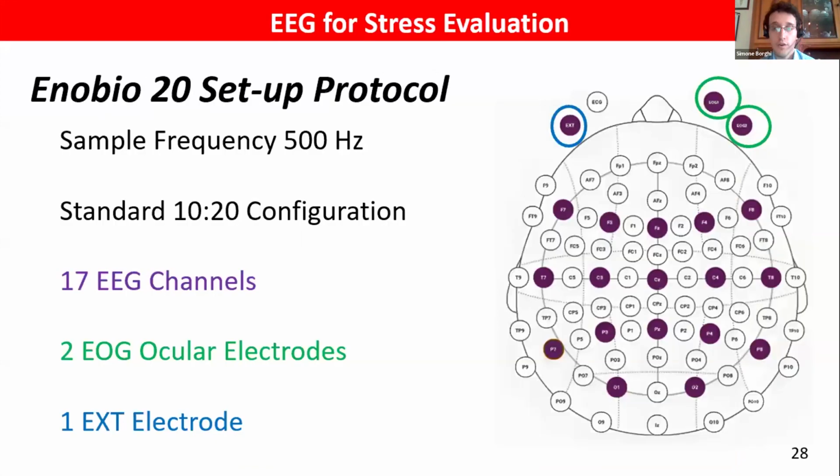The scope of our research is now to monitor stress during this procedure, the cobot programming tasks described above, using an Enobio EEG helmet. So now a closer look at the EEG helmet setup and the EEG analysis in more detail that I used. The Enobio sensor setup was the standard 10-20 configuration with a sampling frequency of 500 Hz.